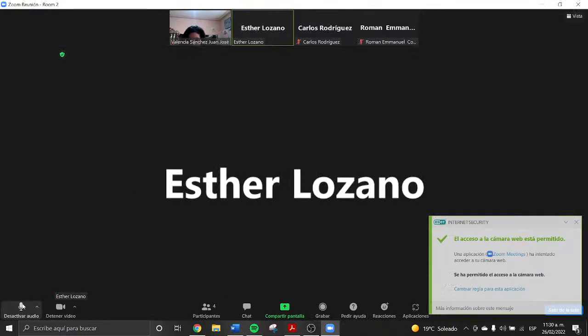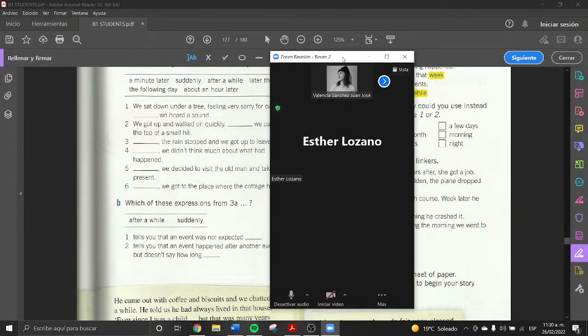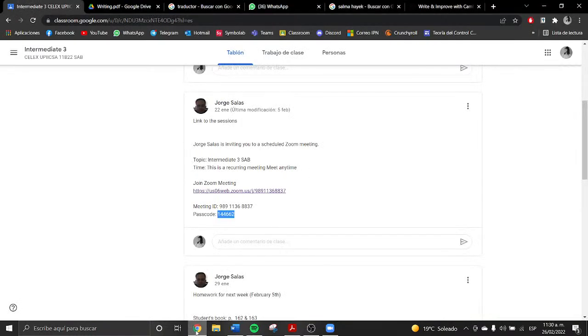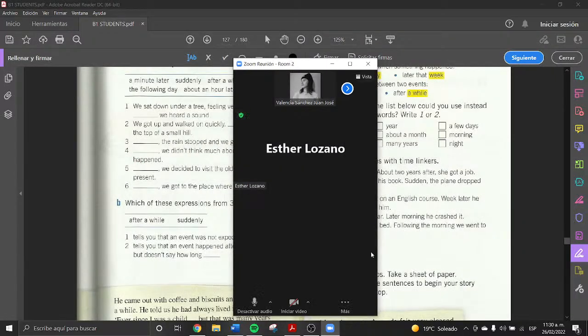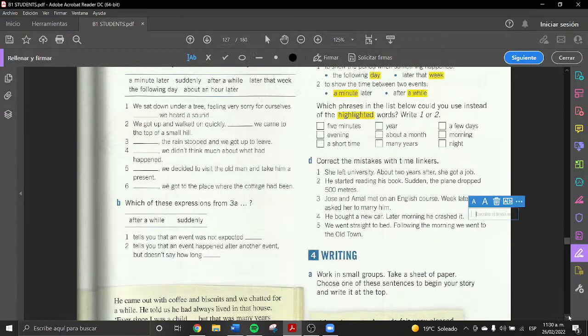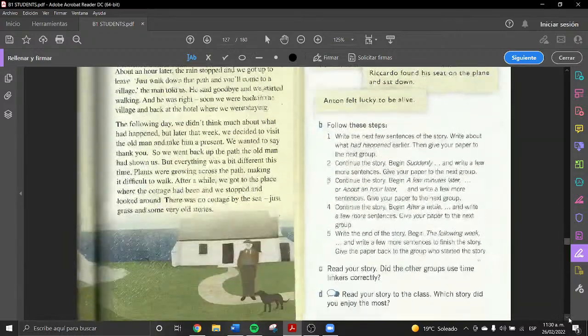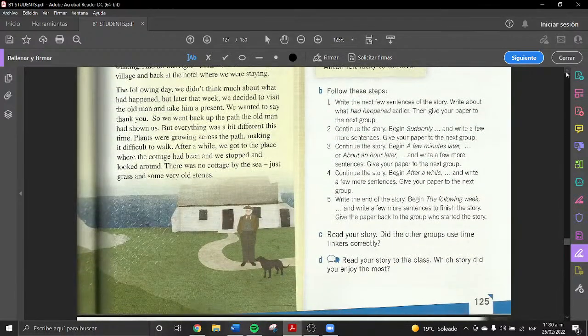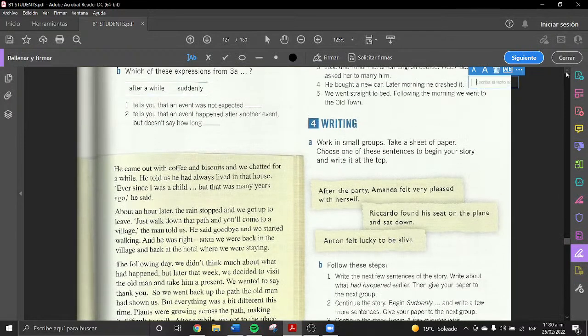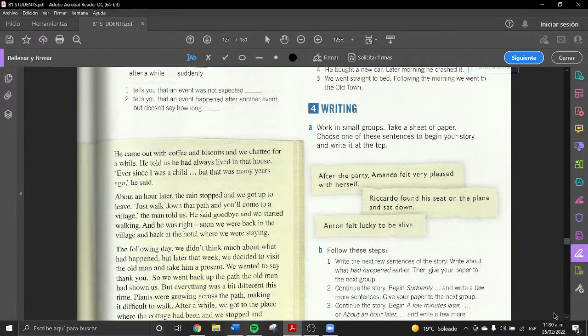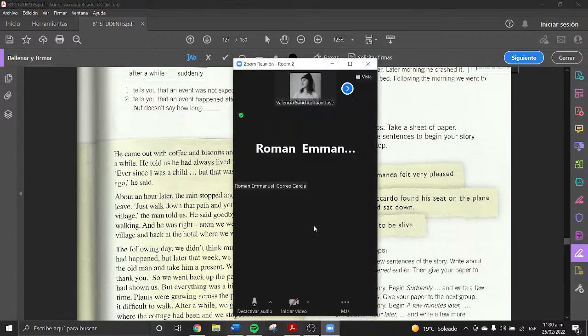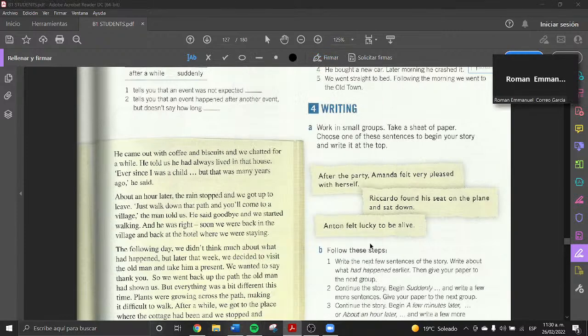Hi. The writing is on team. Do you want to choose an option, individually or the same text?